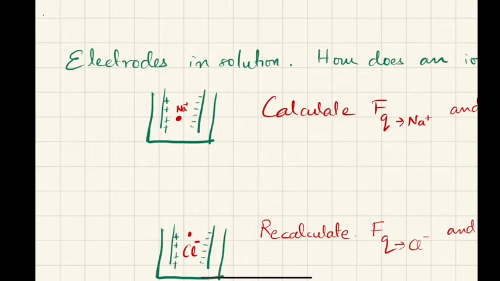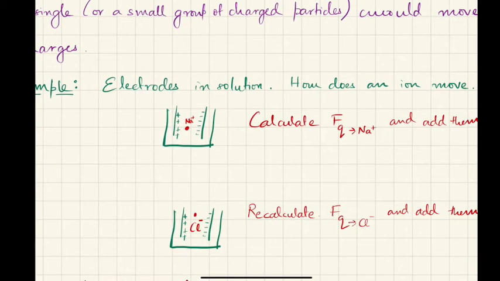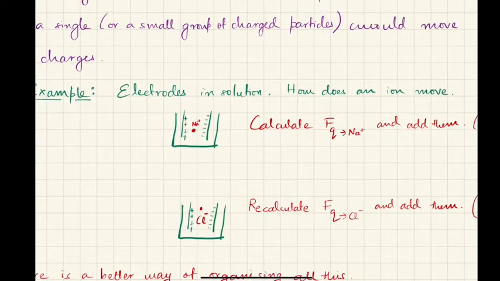So you have the anode and the cathode. Now that you know these are all charged, the sodium ion is going to interact with them and start moving. We want to figure out how it moves. That is, what are the forces that act on the sodium ion, or what is the energy of the sodium ion. That's going to help us figure out its motion.